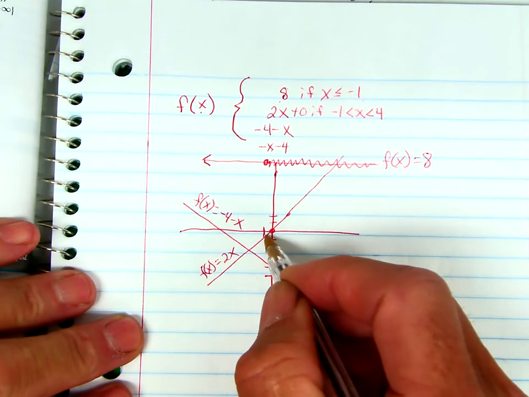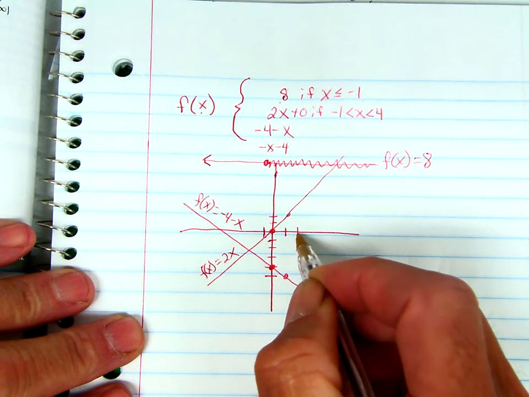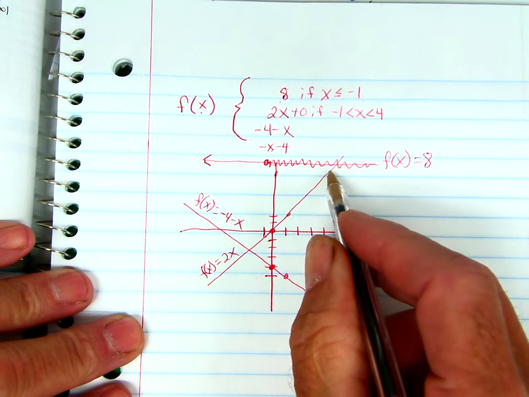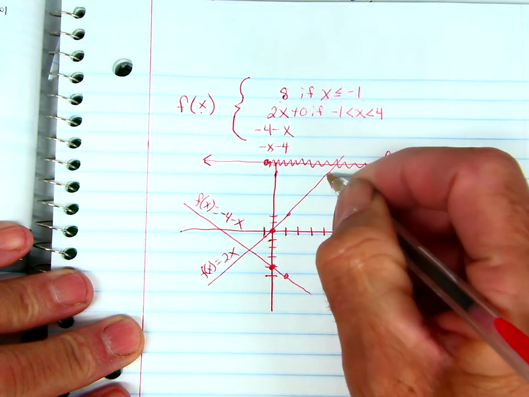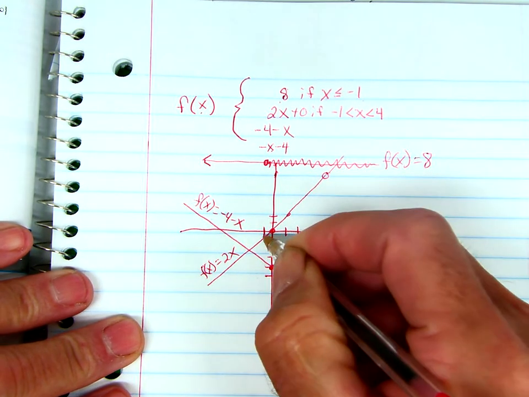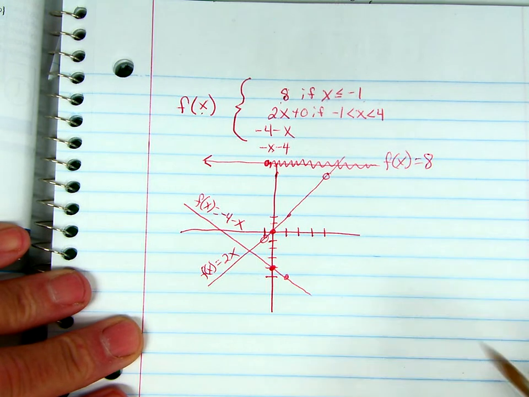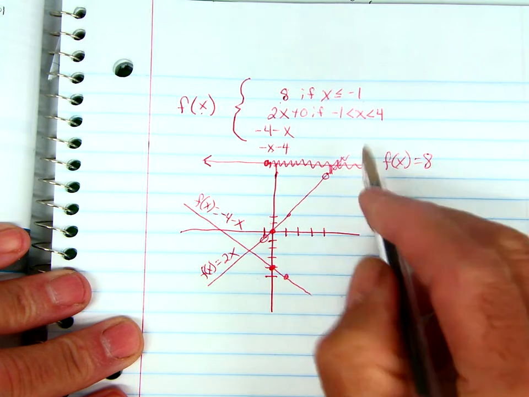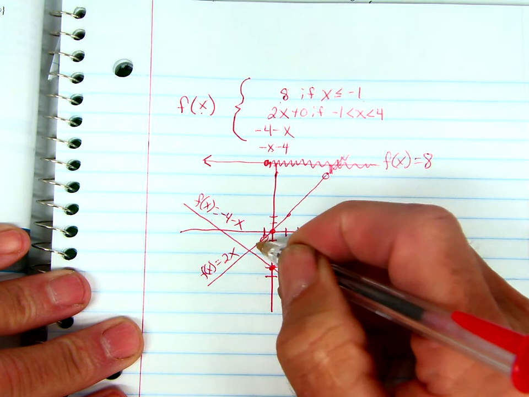Here's where x is negative 1. 1, 2, 3, 4. Here's where x is positive 4. There's no equal sign with either of those, so we want an open dot and an open dot. And we're going to get rid of everything that's outside the bounds of those open dots. So this means keep everything in between and nothing on the outside of it.